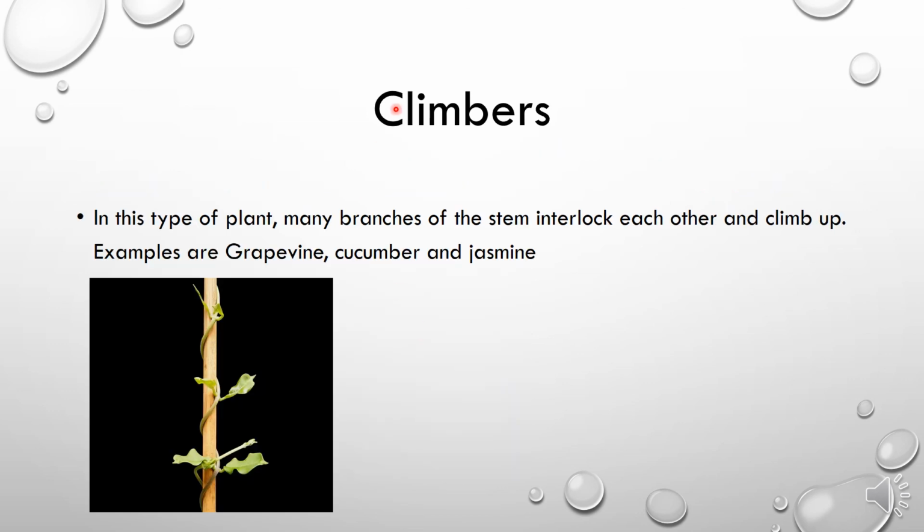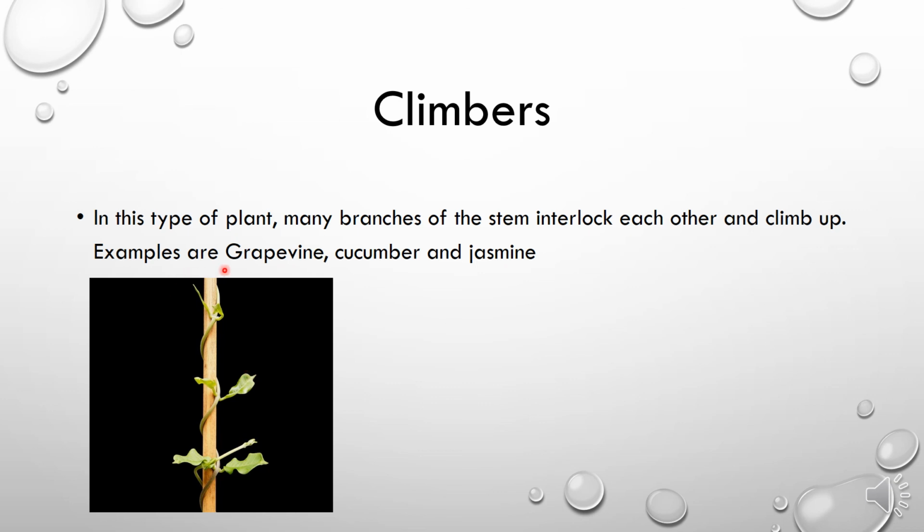Climbers. The second type of weak stem is the climber. You have seen it. It is a very common type of stem in our houses. In a number of ornamental plants, we have seen such climbing stems, because these stems need some support to grow upward. A number of vines like grapevine have such climbing, weak stems.